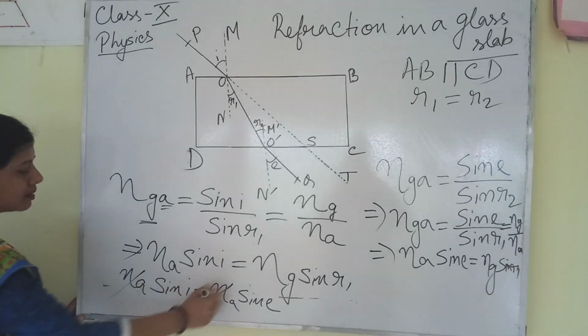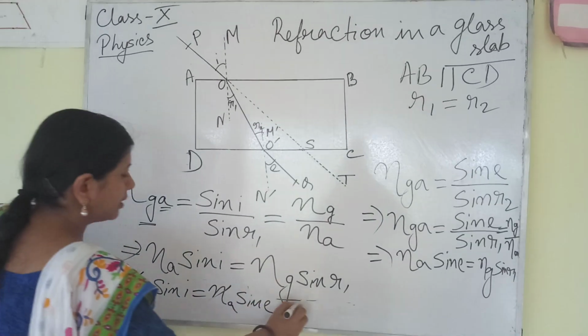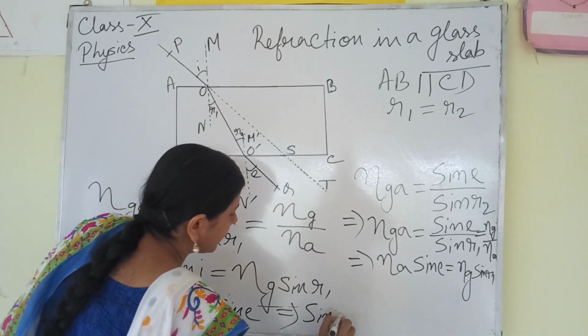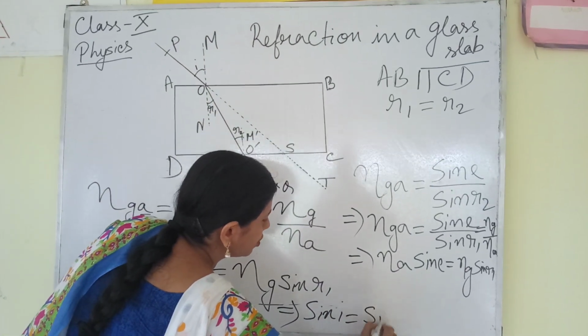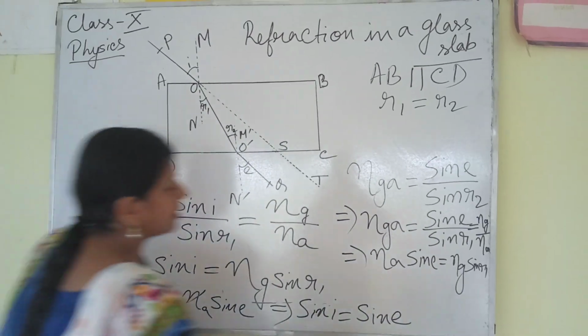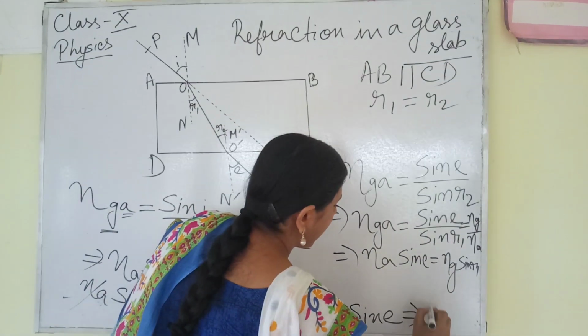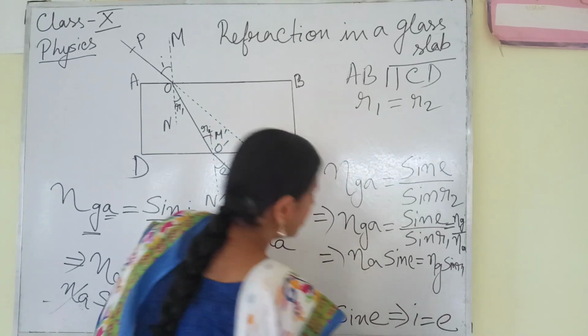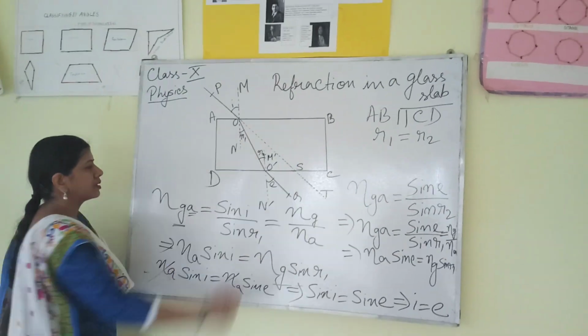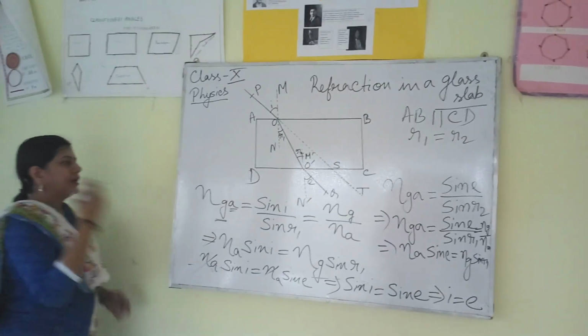Now if I cancel these two, what am I going to get? Sin I equals sin E. From here I can say angle I equals angle E. This angle I is equal to angle E.